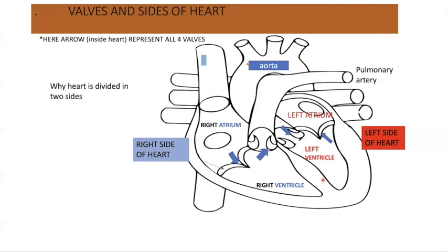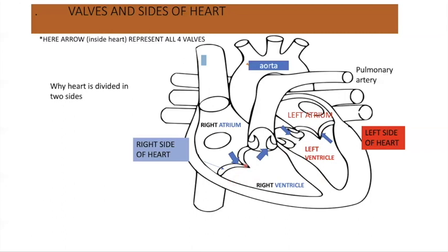Now there are four valves in our heart: this valve, this valve, this valve, and this valve. There are four valves. You can see here with the arrows, these are the four valves. Two valves, this one and this one, are the AV valves, atrioventricular valves.